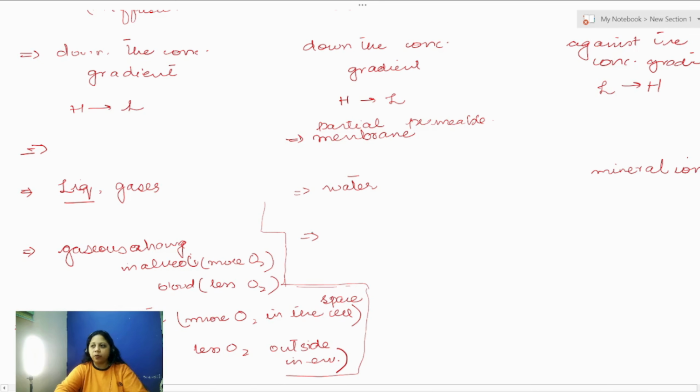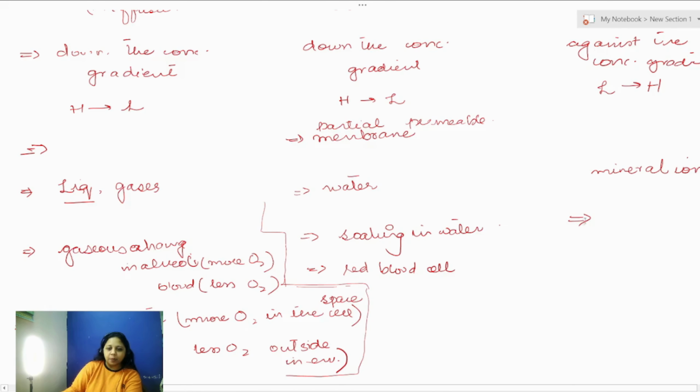In plants, when we soak different types of seeds, different pulses, even rice before cooking, that soaking in water is an example of osmosis. Give me an example in animals. Red blood cells.